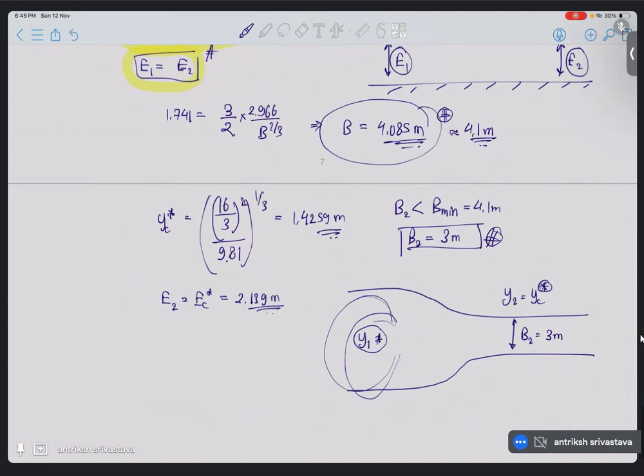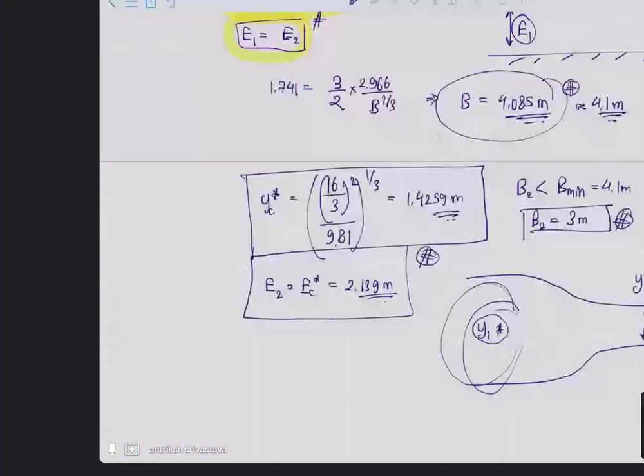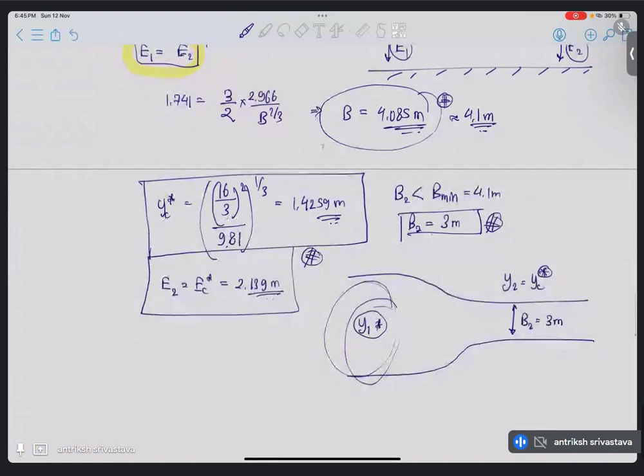Okay. Now when we know these two, to calculate the value of E1, you just have to put E1 equal to E2 and we can easily calculate our value of Y1.